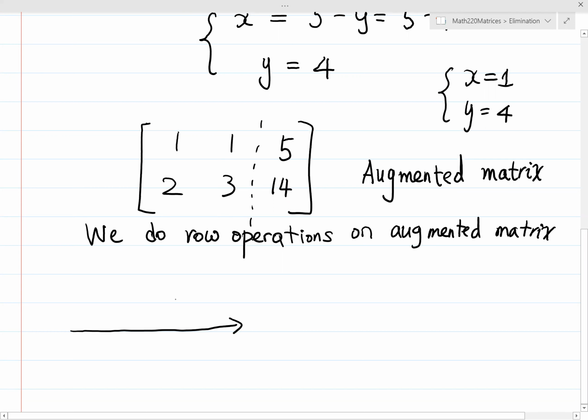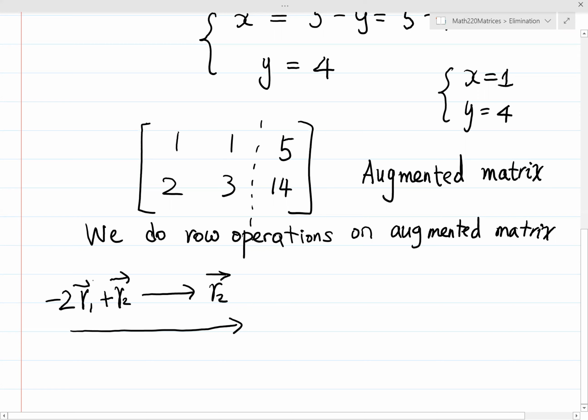Let's do this operation. Remember, the first row in the augmented matrix corresponds to the first equation. So we multiply the first row by -2, and then add it to the second row. This will replace R2: replace the second row by R2 plus the first row multiplied by -2.